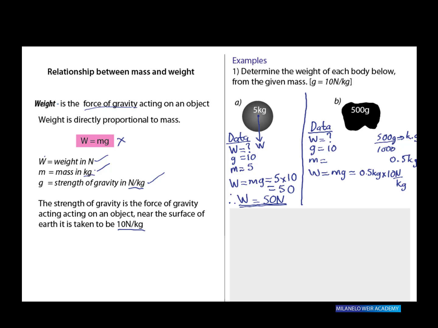So what happens here? Kg cancels kg. So what do we have? W is equal to 0.5 times 10 is 5, right? 5 what? The kg has been cancelled, so we are left with Newton here.